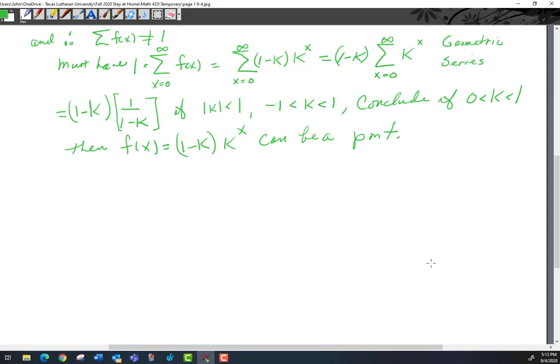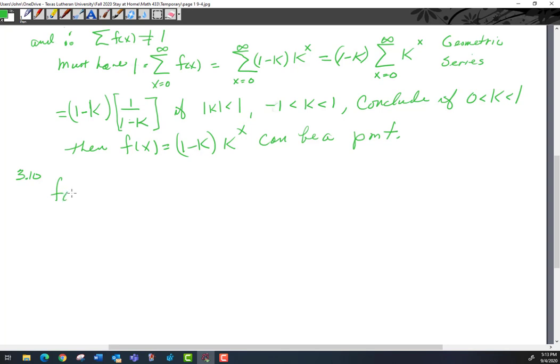And maybe let's do one more. I've got several of these that I worked out, but we won't do all of them. Let's look at 3.10 as an example.